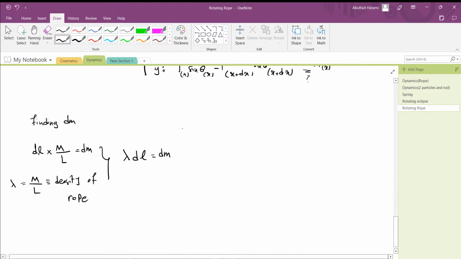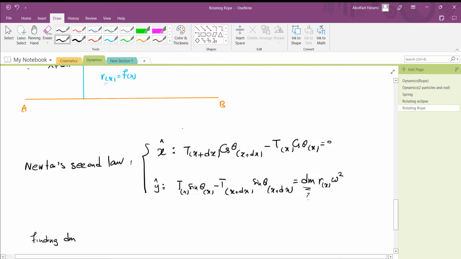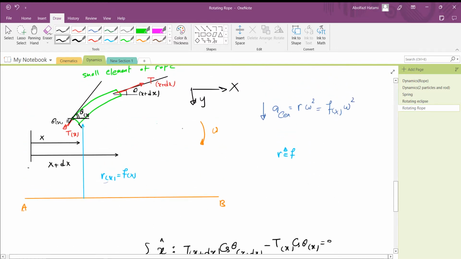But now what is the length of this differential element? We know that here it is theta of x, and this is f of x, and this is x. How can we do the geometry to find this length?